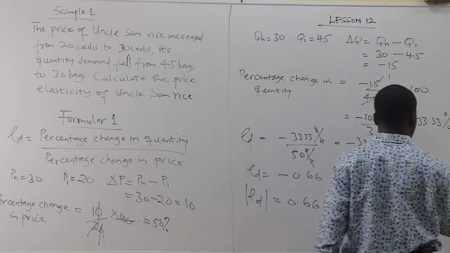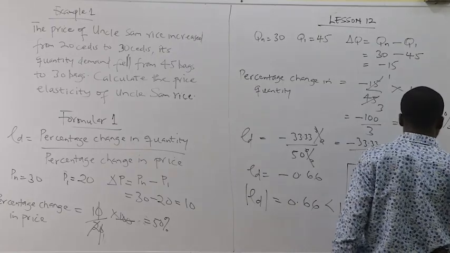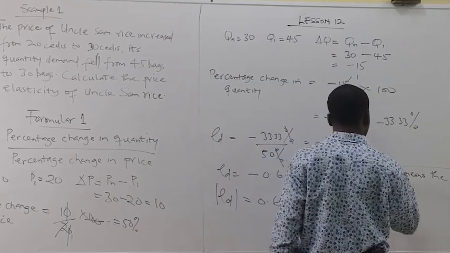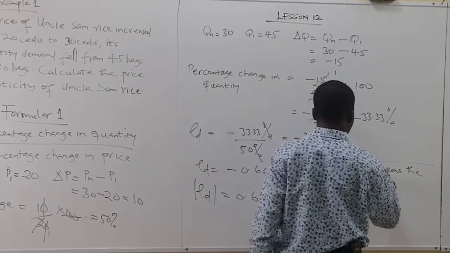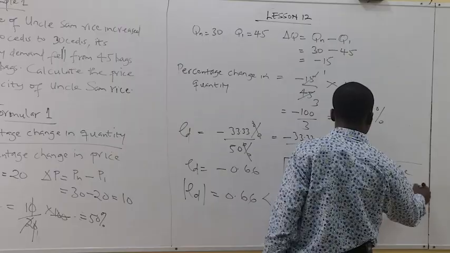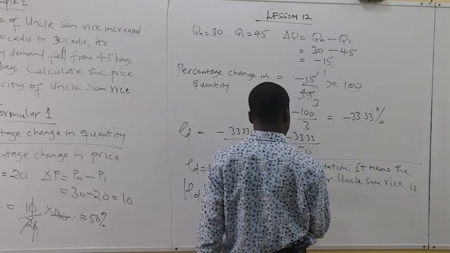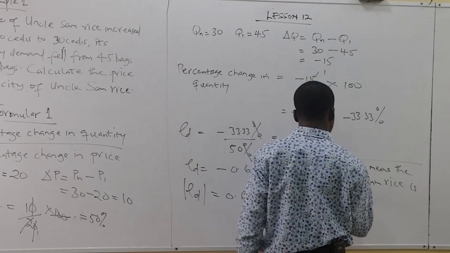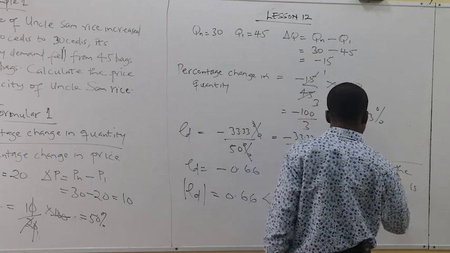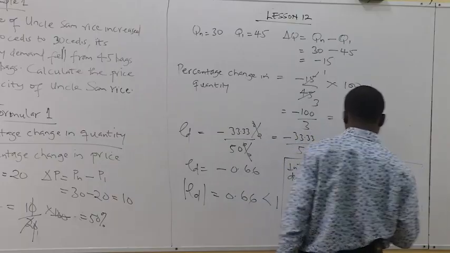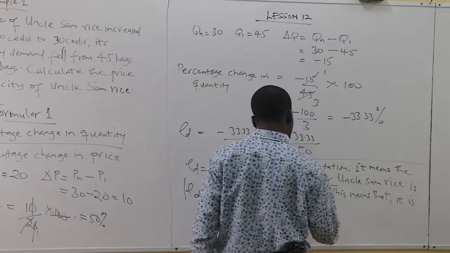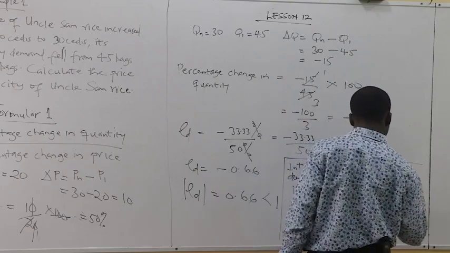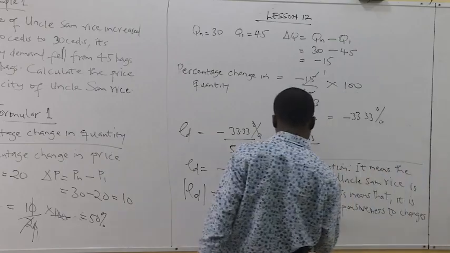It means the demand for Uncle Sam rice is inelastic, meaning this means that it is slightly responsive to changes in price.